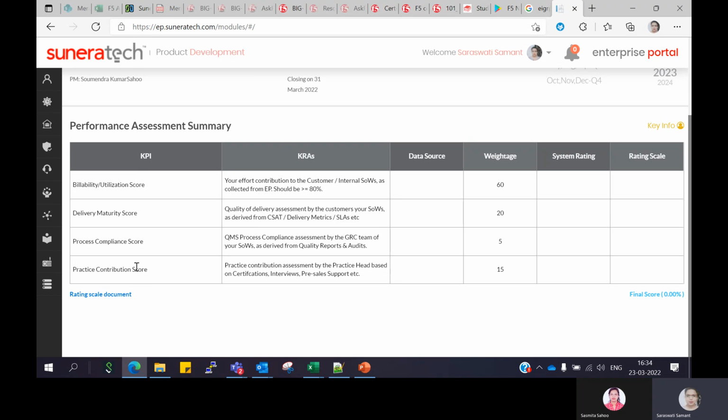I've completed a certification which was asked by this company, but the weightage for that is only 15. The remaining 60 and 20 depend on how you deliver the services and on how many tickets you have worked.